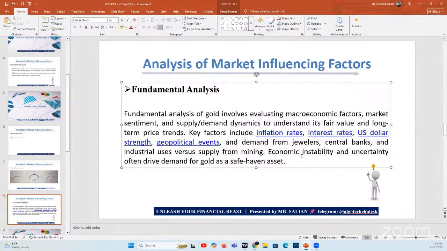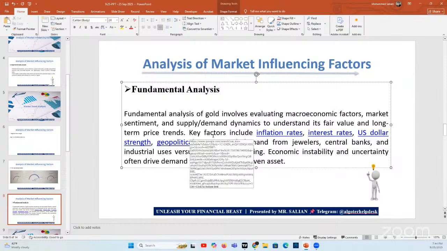Economic instability and uncertainty often drive demand for gold as a safe haven asset. So that's why when there's a war going on, you will notice gold is just flying to the moon, because it's a safe haven, which is true.